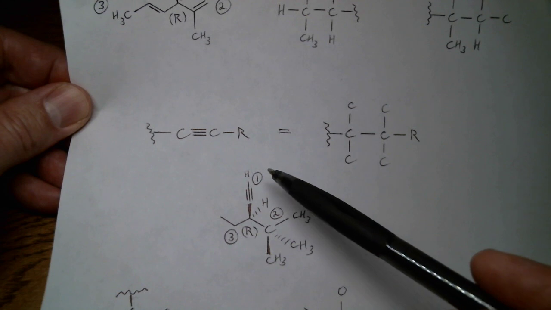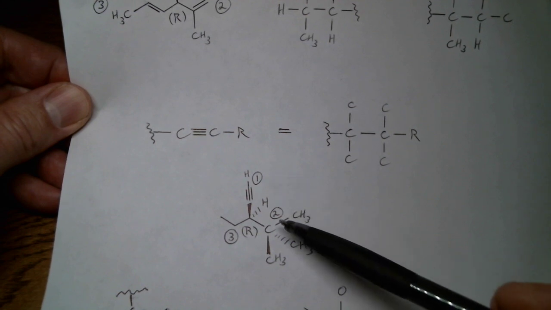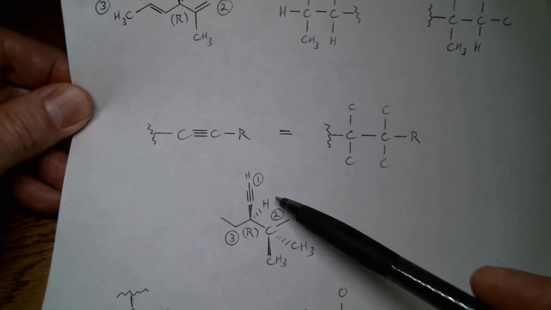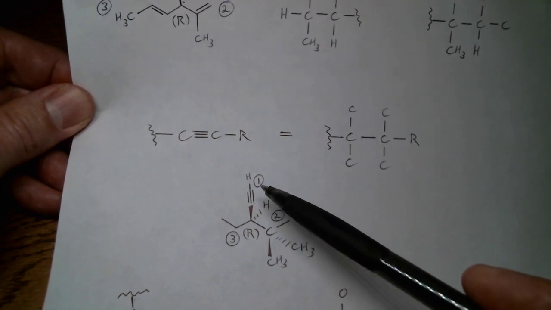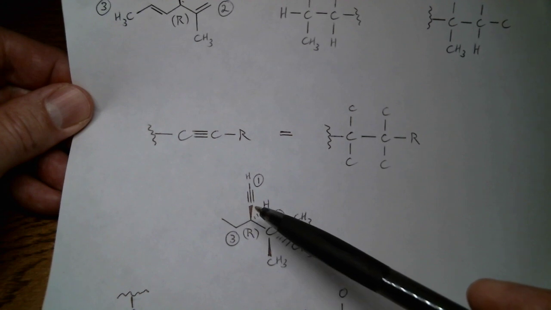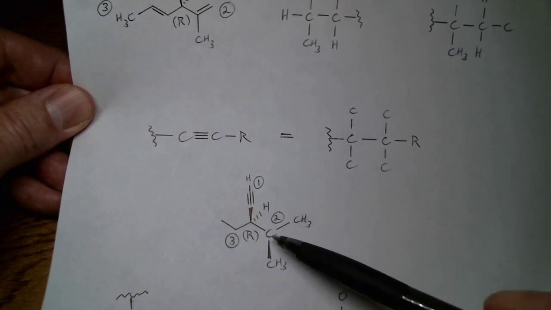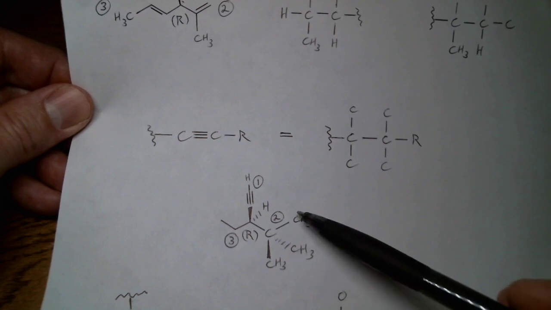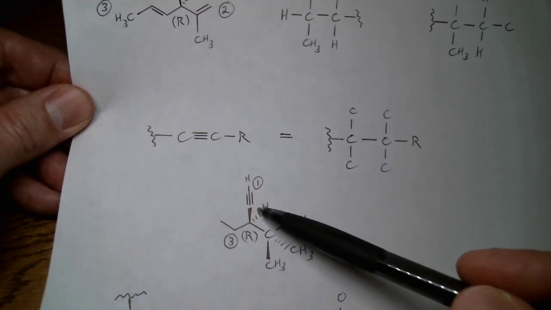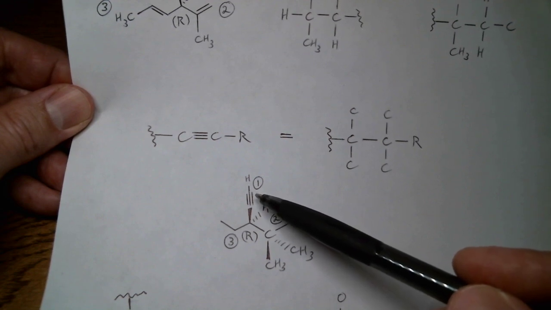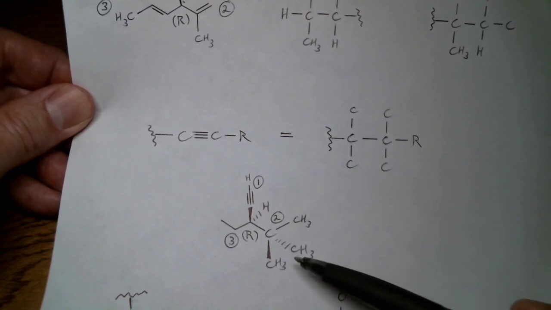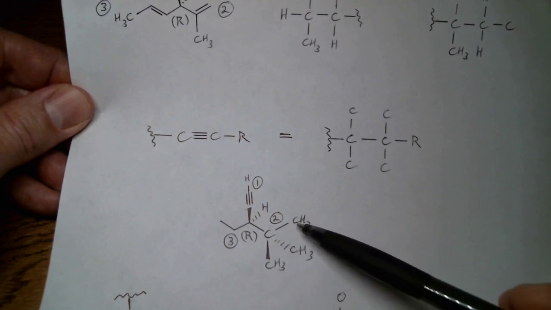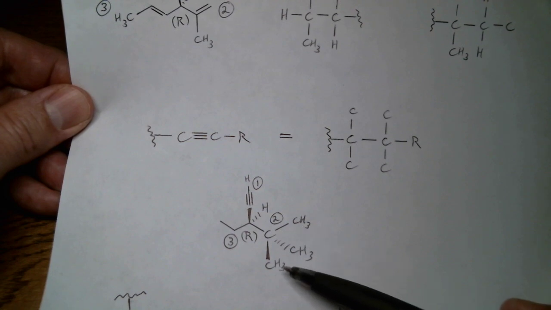Here we have already assigned our priorities. We've got hydrogen in the back, which is fourth priority. We know that. This carbon is first priority. Why is this carbon first priority and this carbon second priority? Well, this carbon is bonded to three other carbons. This carbon is bonded to three other carbons. So we have to go one carbon out. And so any of these carbons, if we move outward, are bonded to three hydrogens.